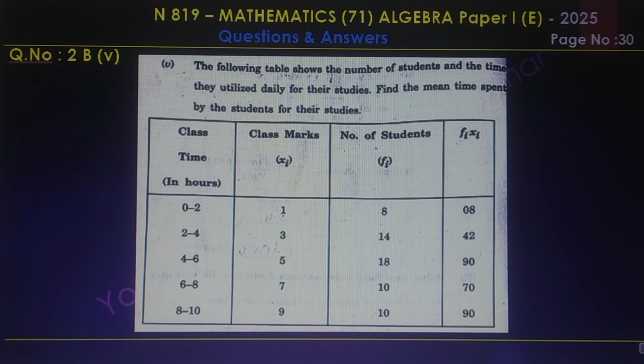Question number 2B5. The following table gives the number of students and the time they utilize daily for their studies. Find the mean value of time spent by the students for their studies.